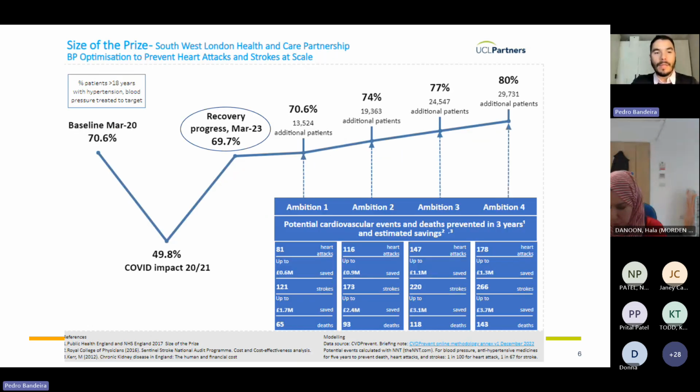And that was just an example, but UCL partners have produced this for all ICSs in the UK, and also for size of the prize for blood pressure as well. And you can see as the blood pressure management improves, it's associated with a reduction in heart attacks and deaths as well.